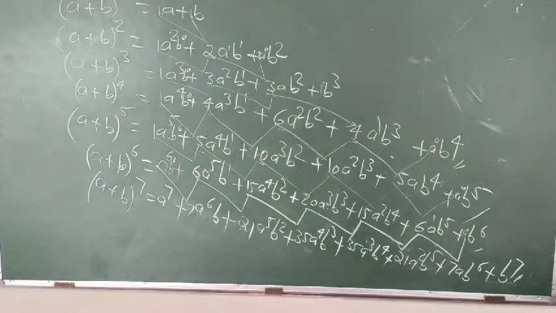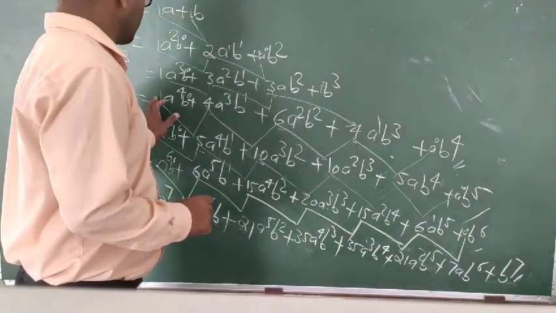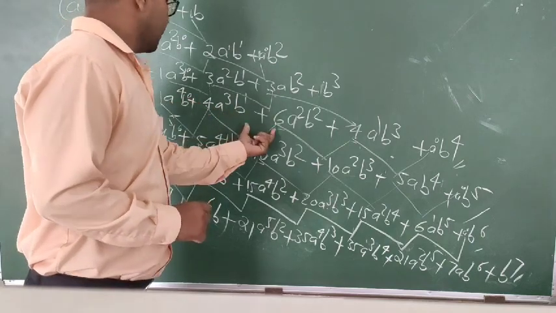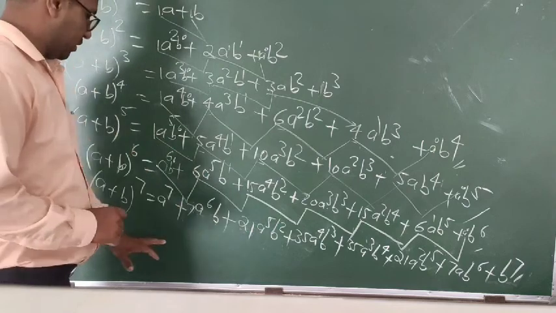Clear students, I hope you have understood this one. So very simple it was. So now in the next video we'll discuss if we are not getting these middle terms. Suppose, students, I have missed the middle terms.